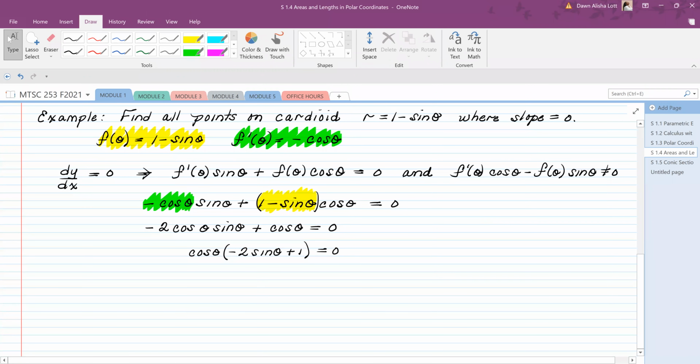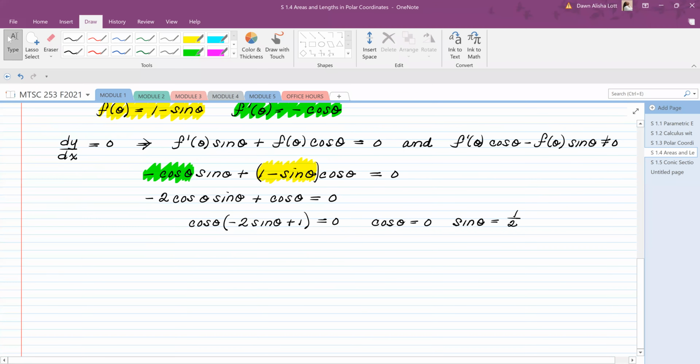Okay, so this thing has a horizontal slope when cosine of theta is 0, and when the sine of theta is equal to a half. Okay, so the cosine of theta is equal to 0. So that says that theta is equal to pi over 2, or 3 pi over 2. And then the sine of theta equal to a half is pi over 3.